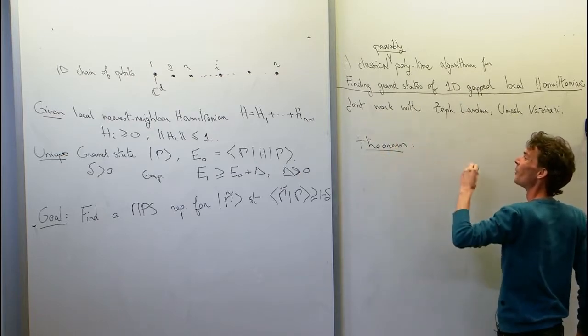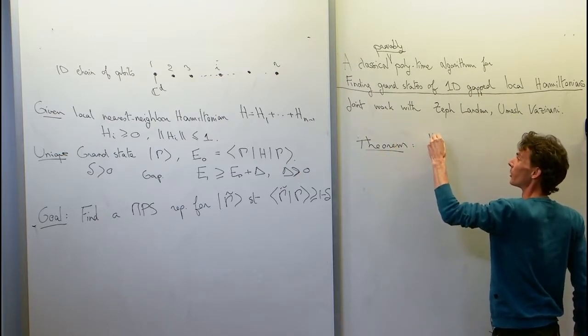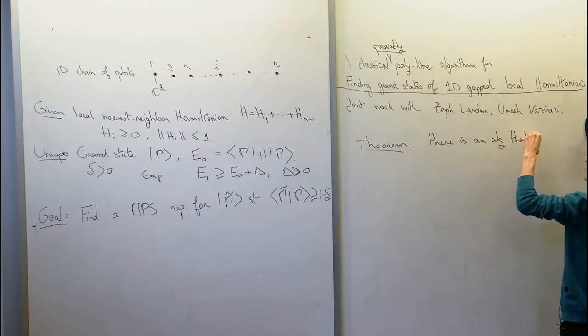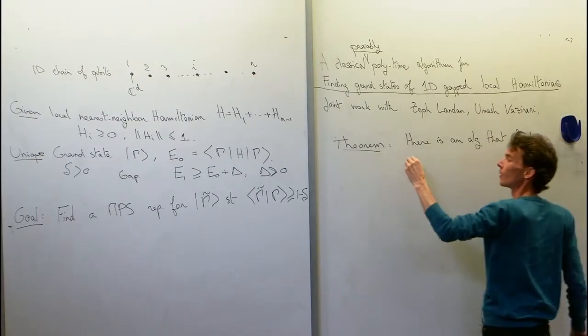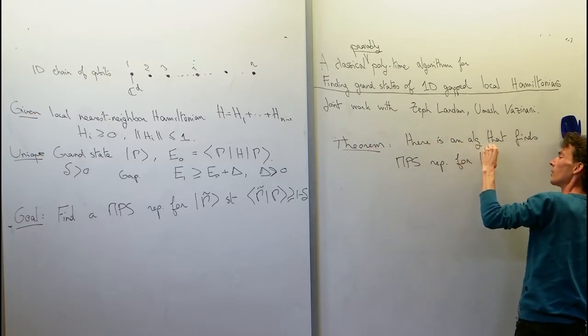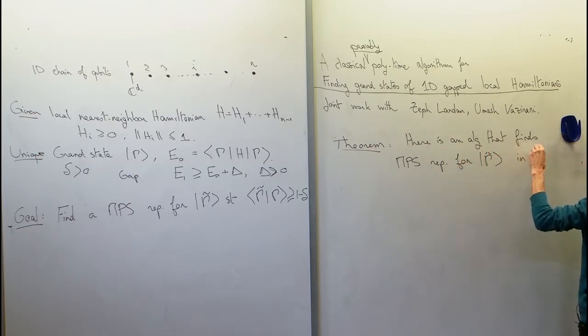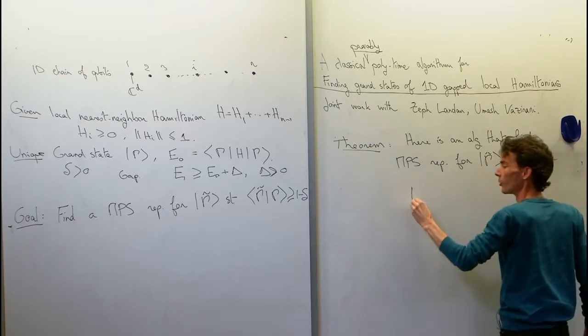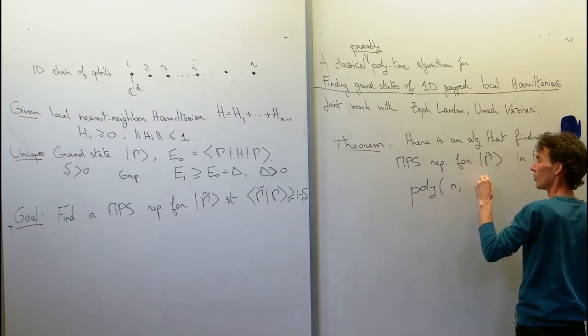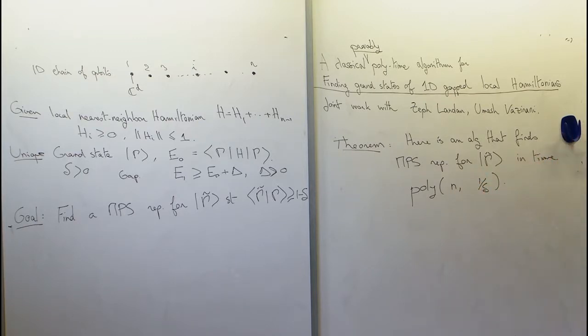Theorem: there is an algorithm that finds a matrix product state representation for this approximation gamma tilde in time polynomial in n and 1 over delta. So it runs in polynomial time, provided the gap and the local dimension are fixed. Then the question that Jens was asking is, what's the dependence on the gap?